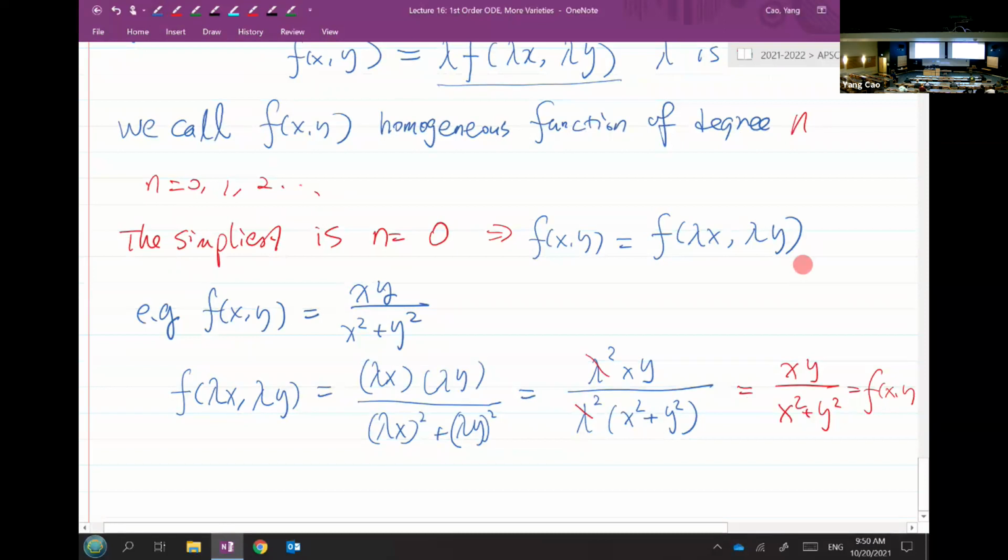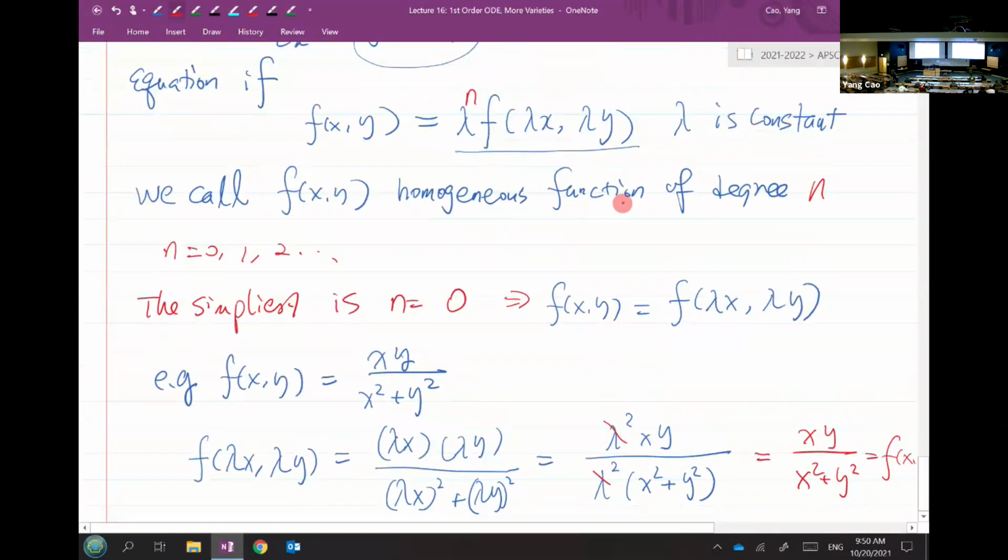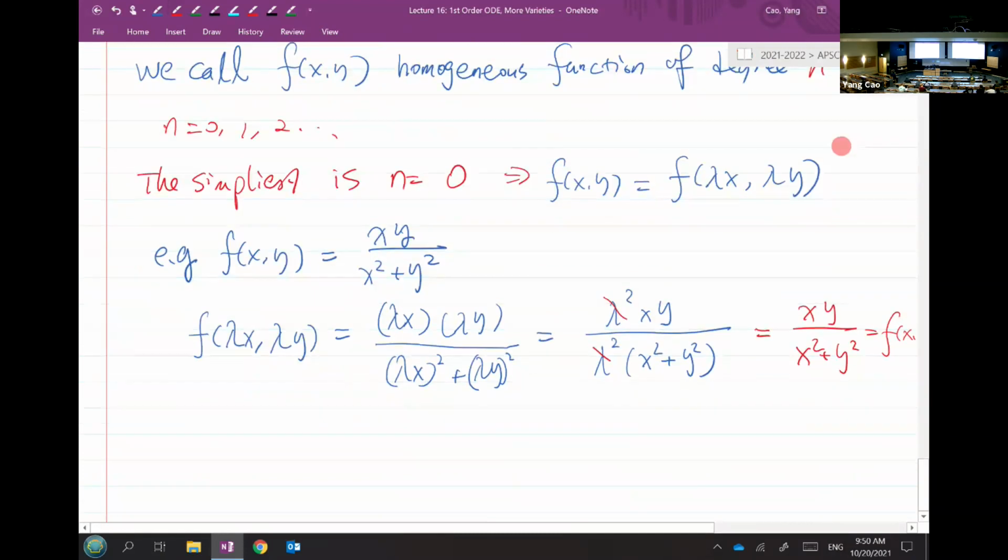So that conforms with the definition of a homogeneous function of degree 0, in this case. So you can conclude that this function f of x, y is a homogeneous function of degree 0.